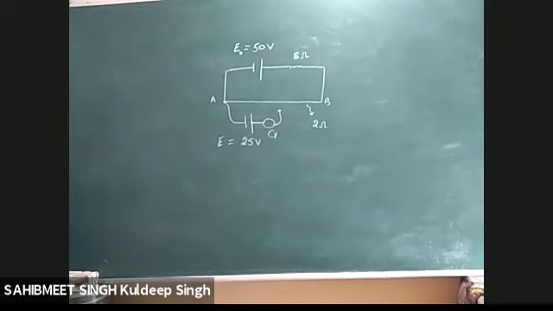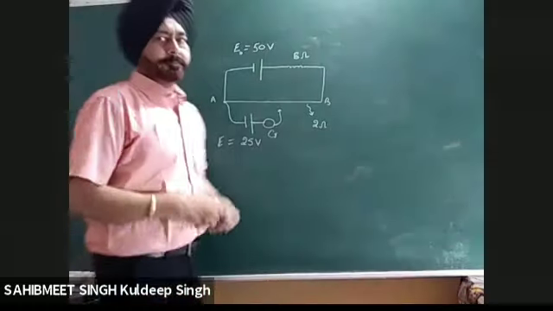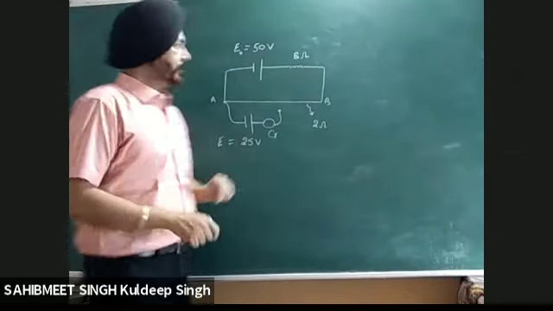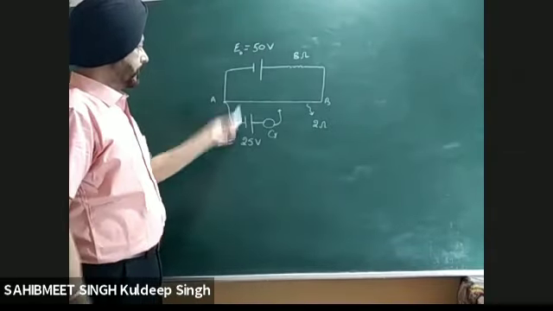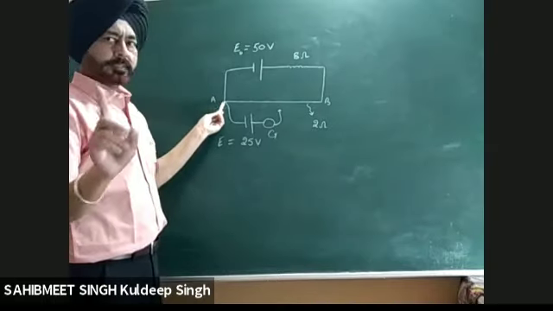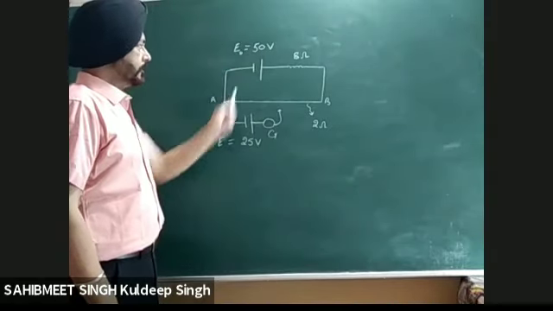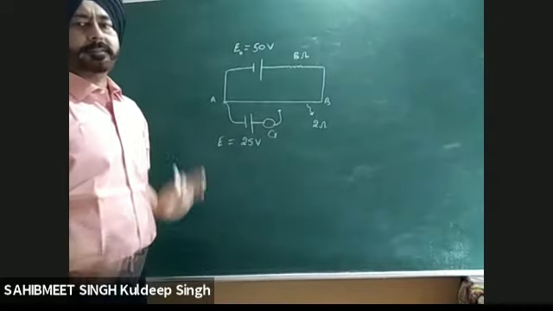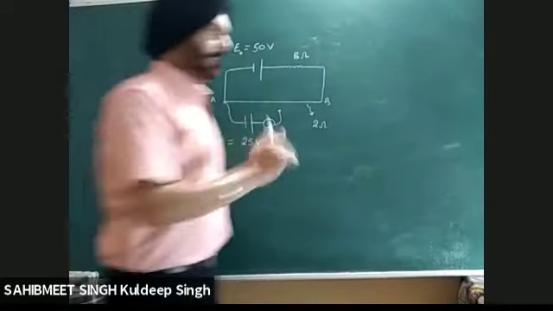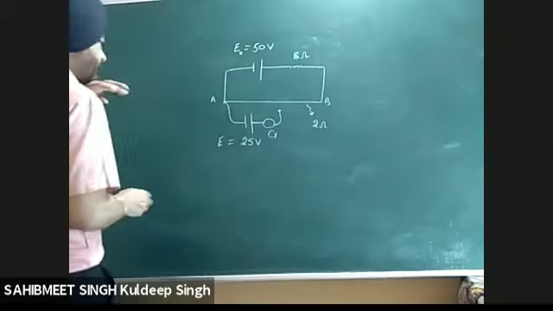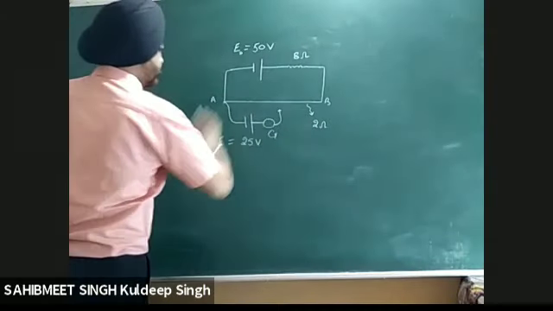And the question is find the position of the null point. Everything is fine here. Negative, negative, first point satisfied. 50 volt, 25 volt, second point satisfied. Now let us try to find out the position of the null point.